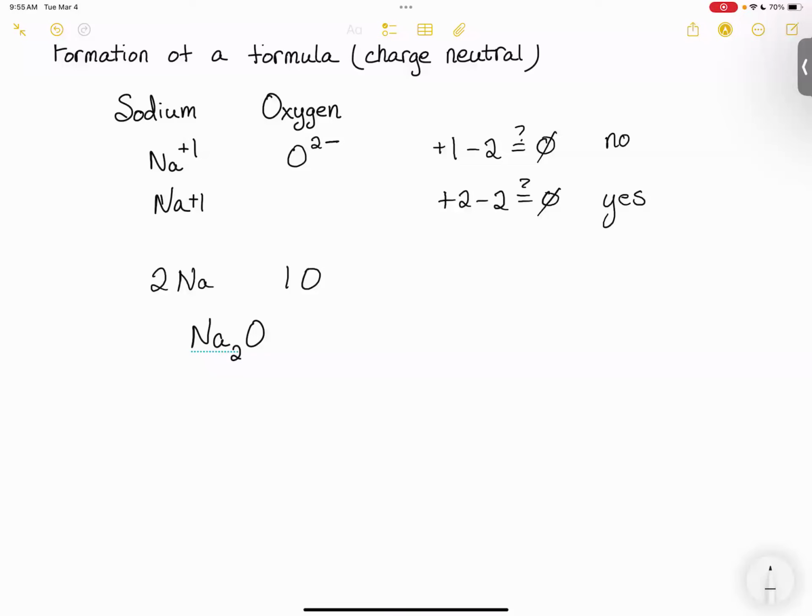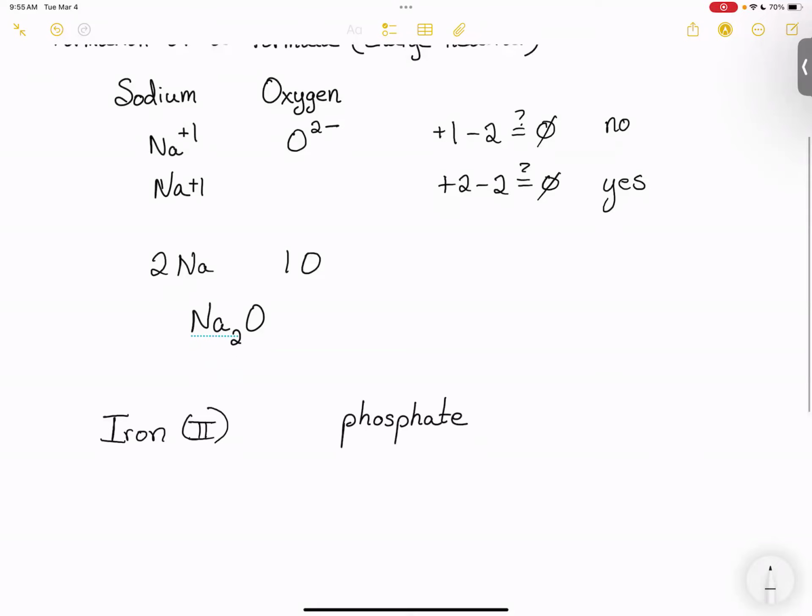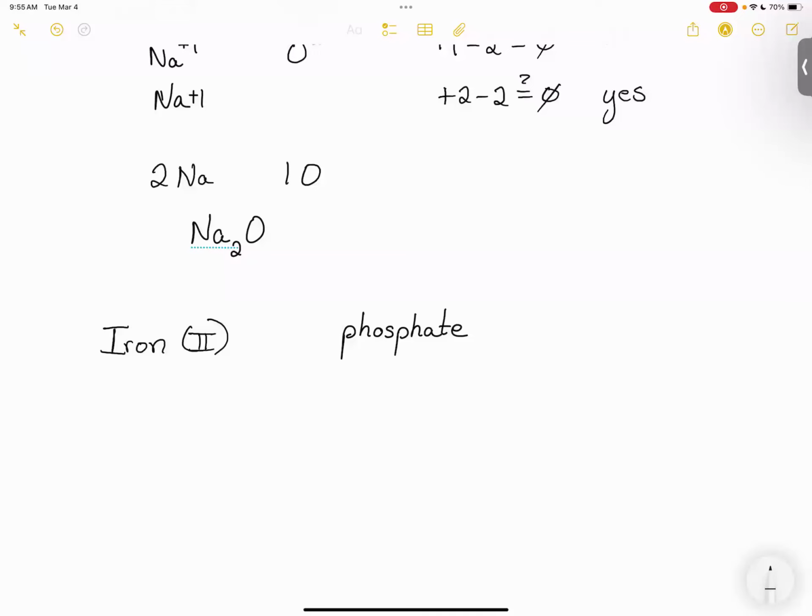Let's combine iron 2 with phosphate. What does the Roman numeral tell me?